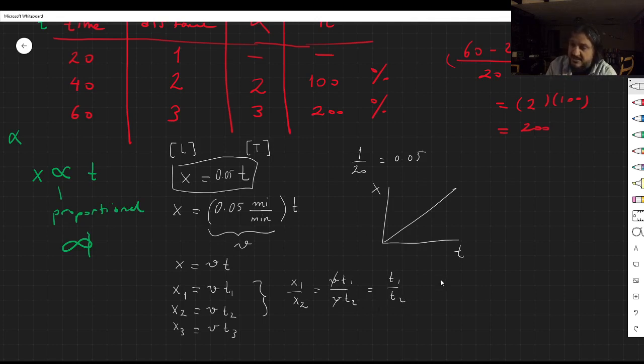Just like I can write x1 over t1 equals x2 over t2. Actually, these are all equal to v, which is also equal to x3 over t3.